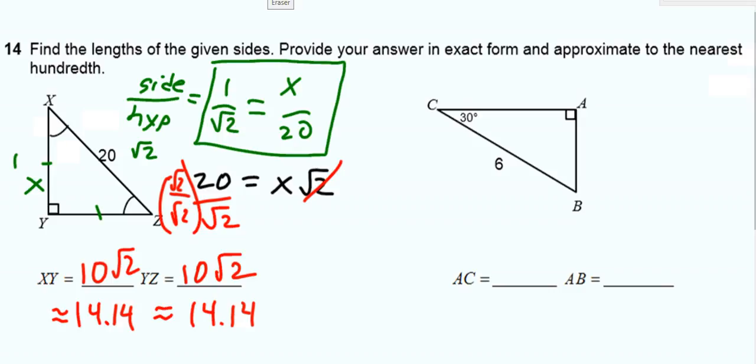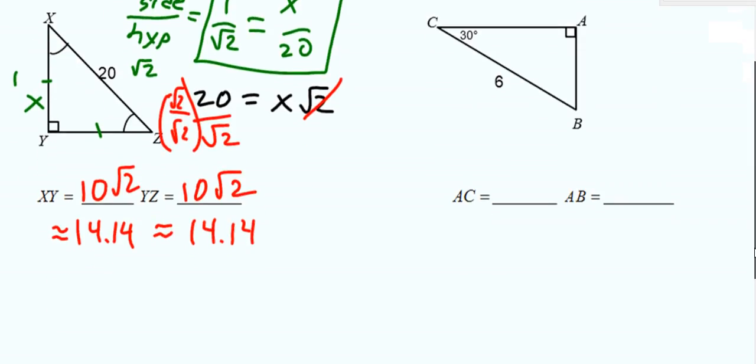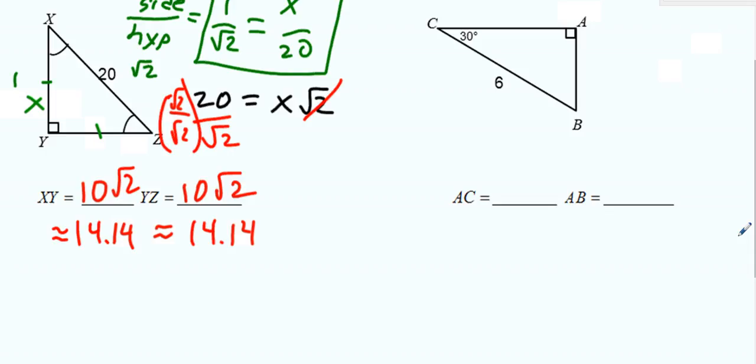The other way you could set that up, you could just go back to what you remember about sines and cosines of a 45-degree angle. If you're trying to find this side, it would be opposite over hypotenuse. That would be sine. And you know this is 45 degrees, equals opposite, which is x over 20.